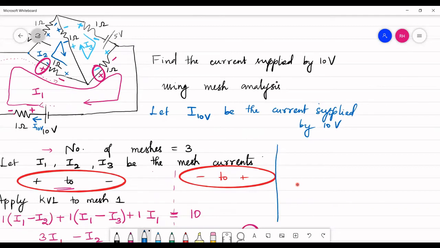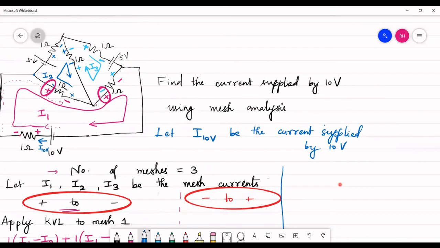According to equation 2, as you could see here, this is going to be mesh 2. So we are going to apply KVL to mesh 2. When you apply KVL to mesh 2, the current is going to travel in this direction.